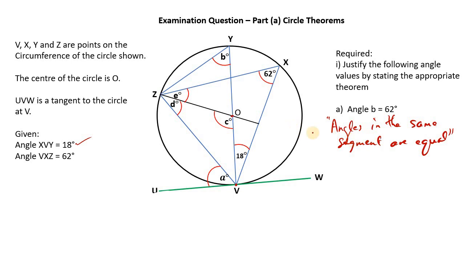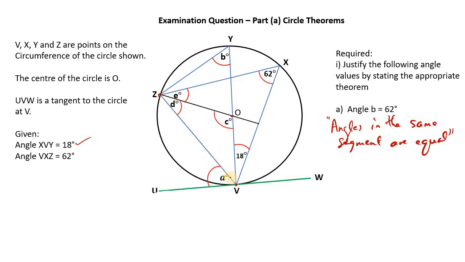The actual theorem is that the angles standing on the same chord at the circumference in the same segment are equal. So this angle here, angle B, and this angle, angle X, are at the circumference in the same segment, because we're looking at this chord ZV, right?